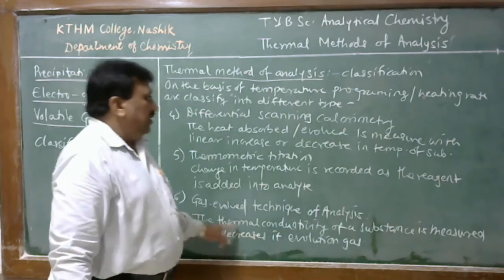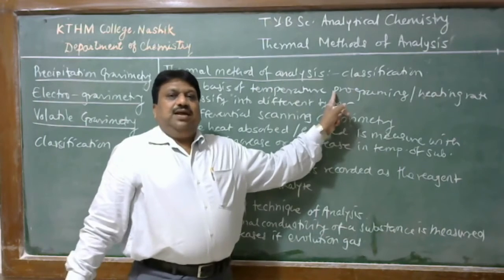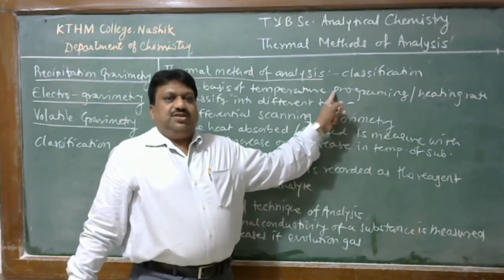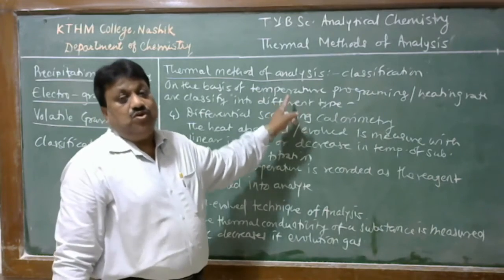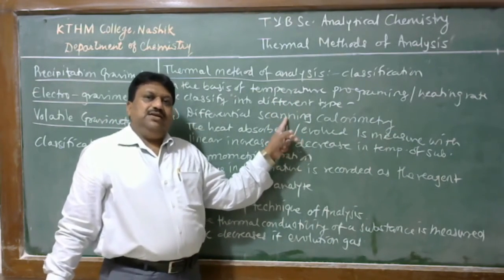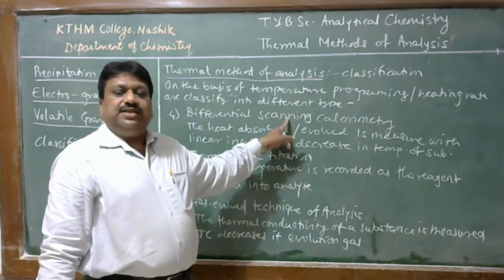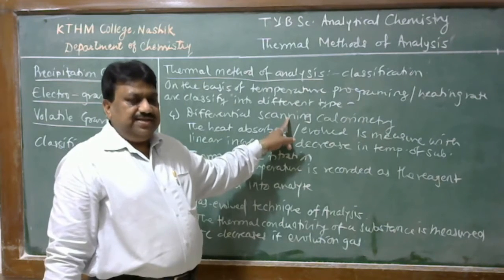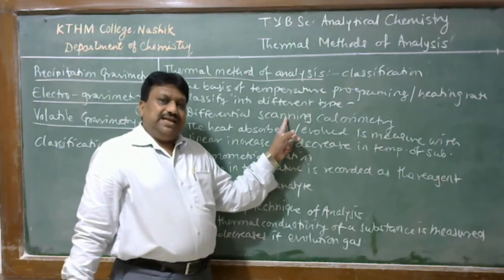Therefore, on the basis of temperature programming and the parameter measured, the thermal methods of analysis are classified into 6 main categories. Number 1 is thermogravimetric analysis. Number 2 is derivative thermogravimetric analysis. Number 3 is differential thermal analysis.